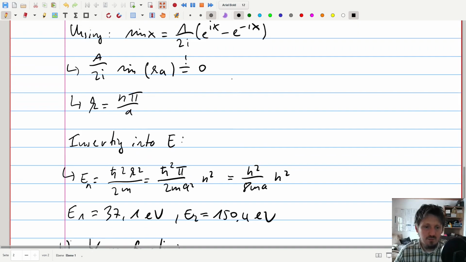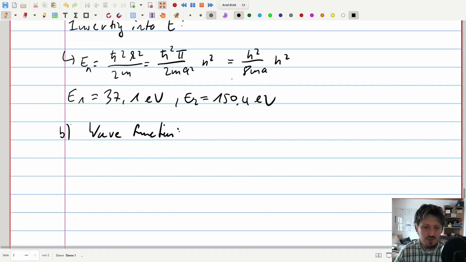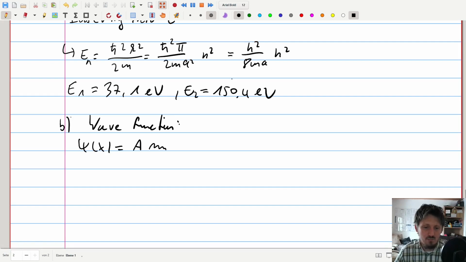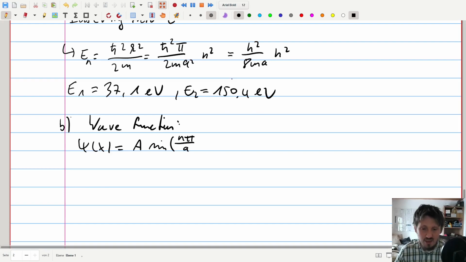So this 2i we can actually put into our constant a, because it's also more or less a constant, in this case a complex constant, you can say. So we can just write our wave function as psi of x equals a times sine n pi over a times x. This is our wave function, and we have to determine now the constant a.